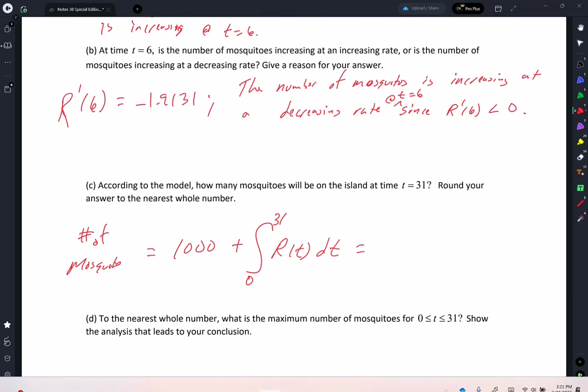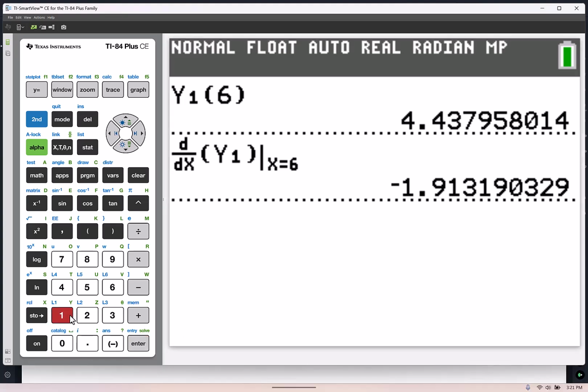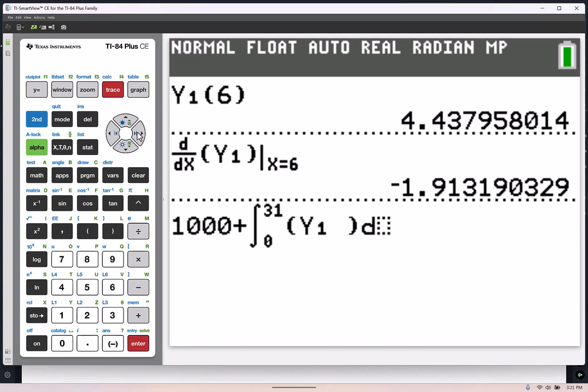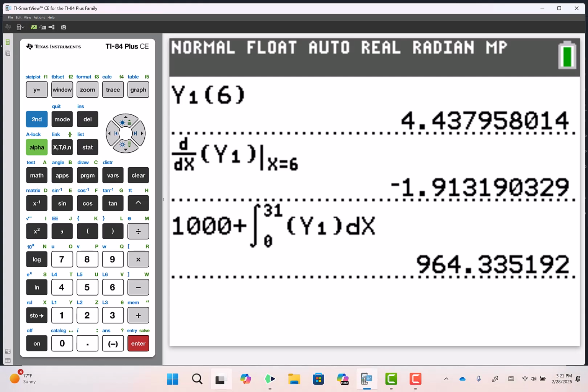So let's see, 1,000 plus math 9, 0 to 31, alpha trace, y1, x, enter. Ooh, it's thinking hard. 964.335.